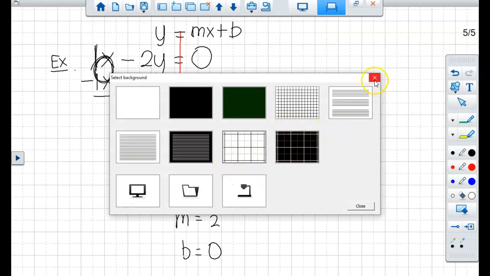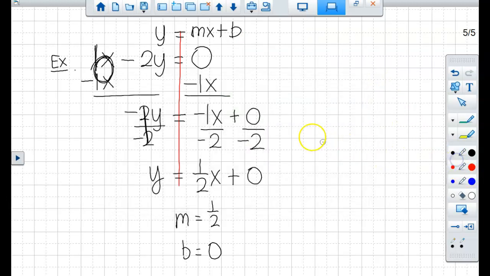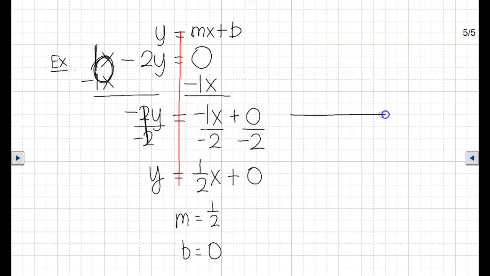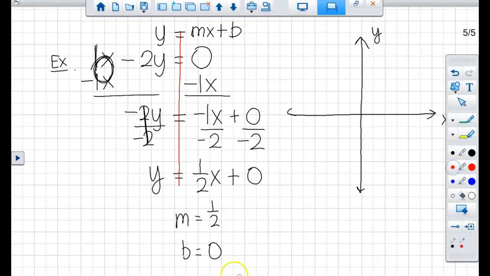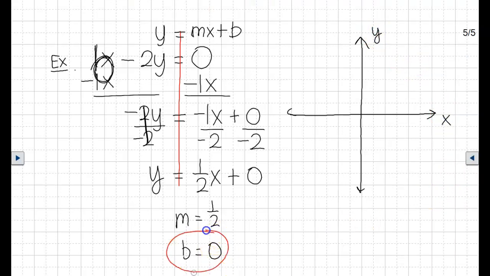Graph paper. All right, so we begin with b.